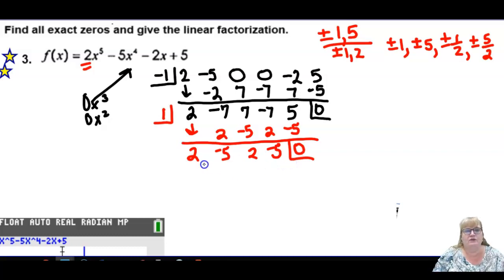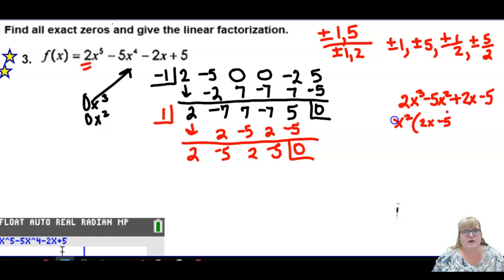If we wrote it out, it would be 2x cubed minus 5x squared plus 2x minus 5. We could take an x squared out of these two, and to put these in a parentheses, we would take out just a 1, and then it would factor. But I'm going to go with what we did on the calculator.